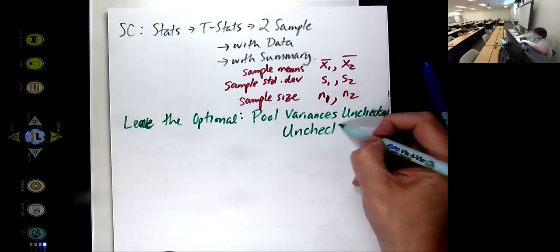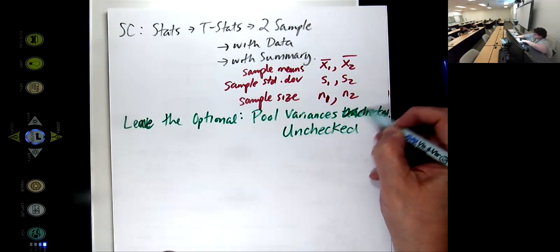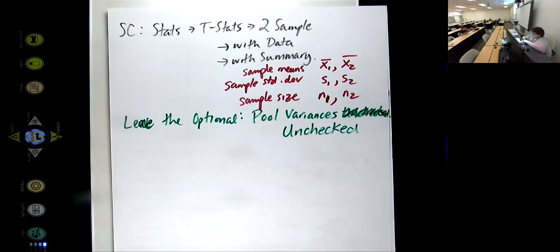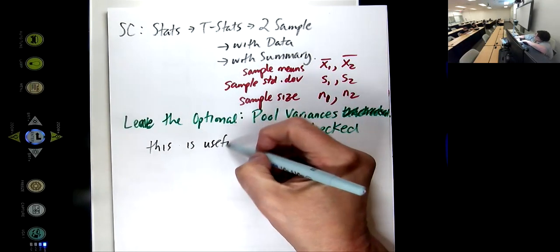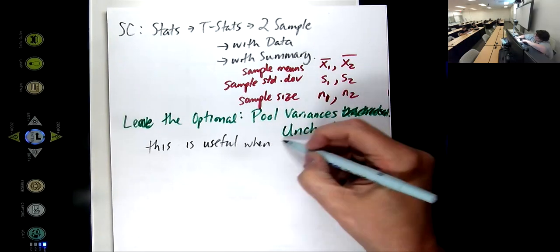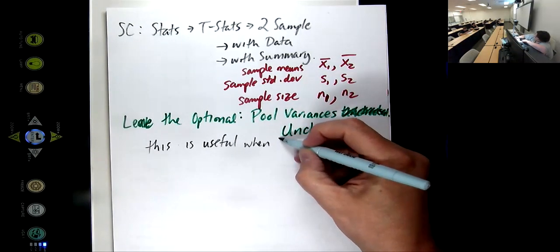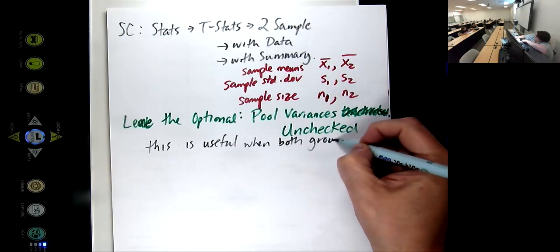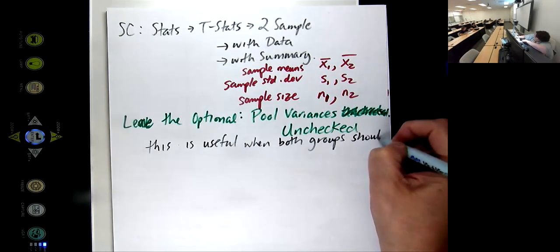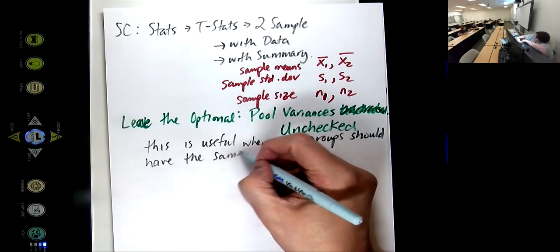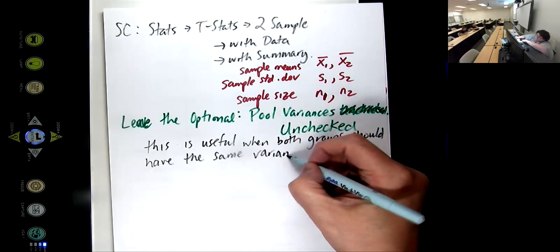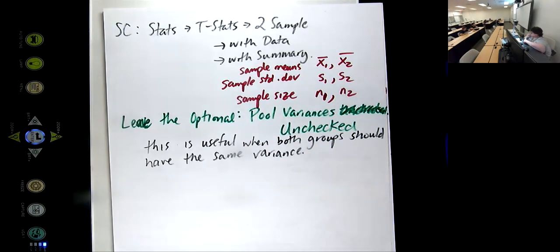We use this when you think both groups have the same variance, when both groups should have the same variance. But very rarely is there any reason to assume that's the case.